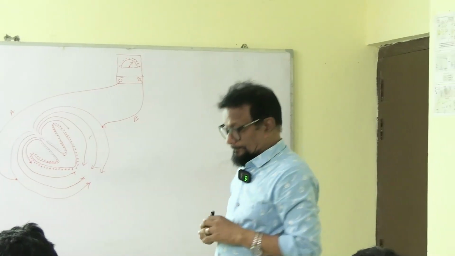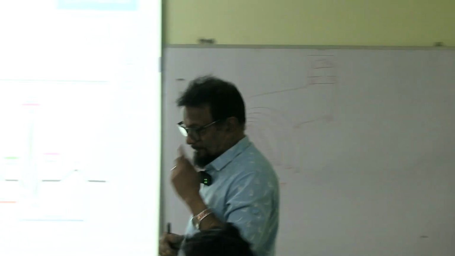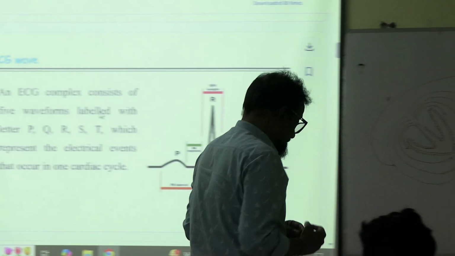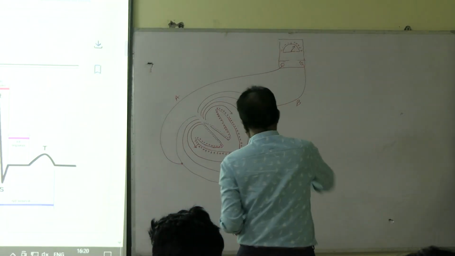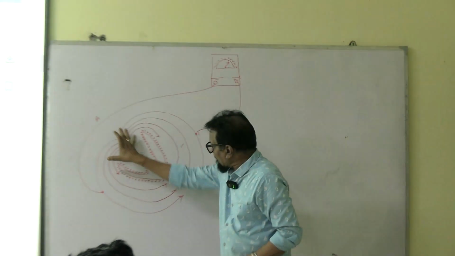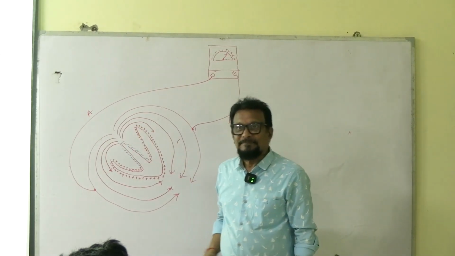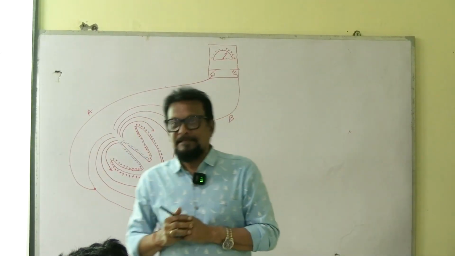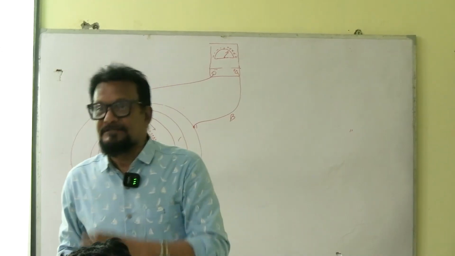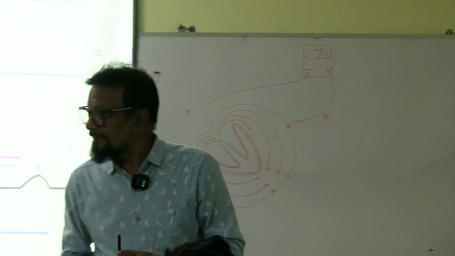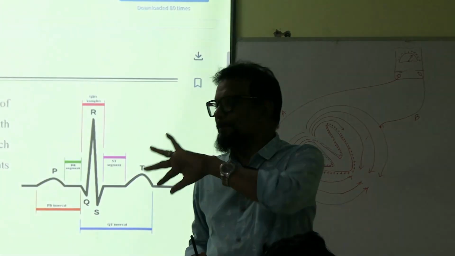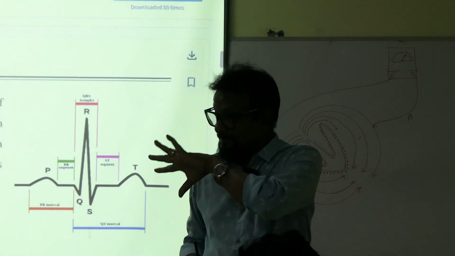While spreading this impulse, what happens to the surface of the heart? Suppose when it enters into the septum, the surface of the septum becomes negatively charged, depolarized. It was previously a positively charged surface.